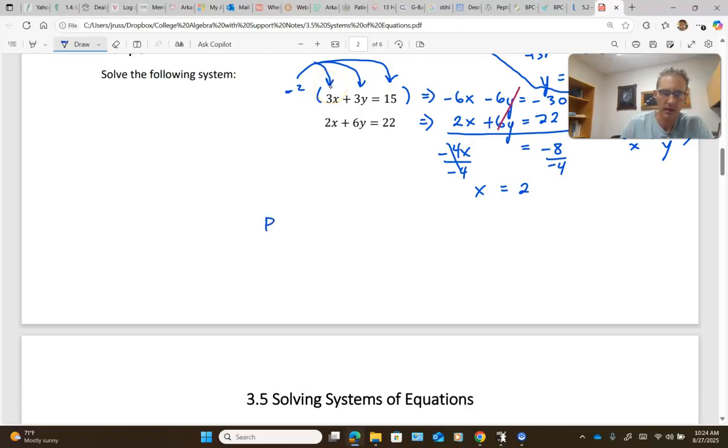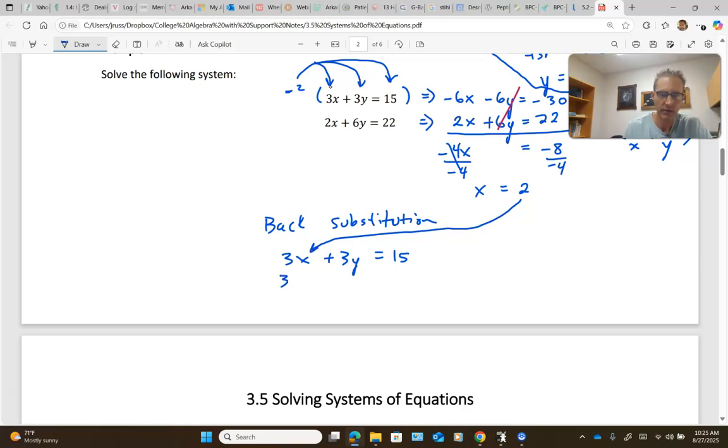So I rewrite my original top equation, 3x plus 3y is equal to 15. We'll take that 2 that I found and plug it in for x. So I'd have 3 times 2 plus 3y is equal to 15. Well, we know 3 times 2 is 6.